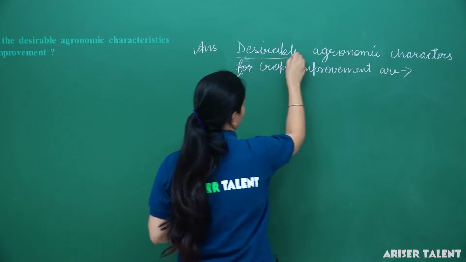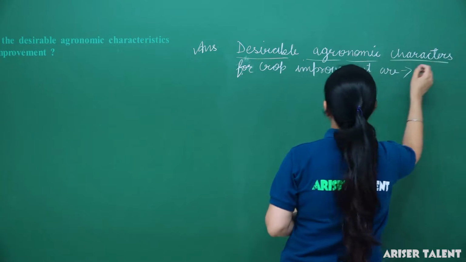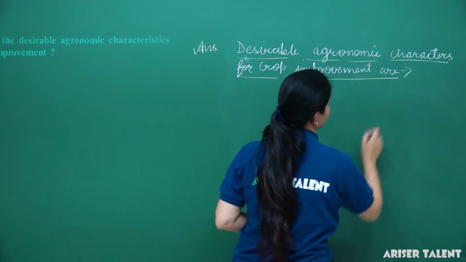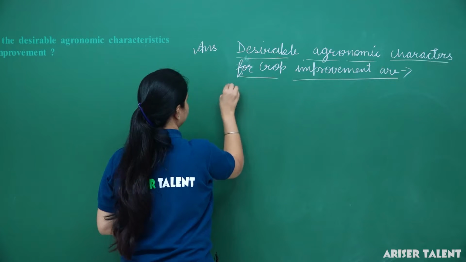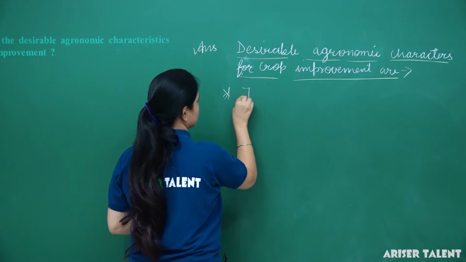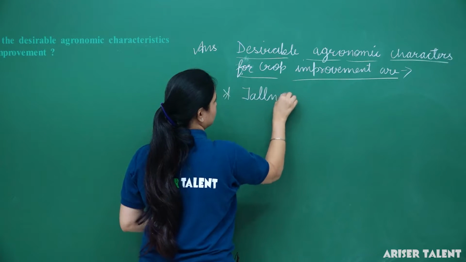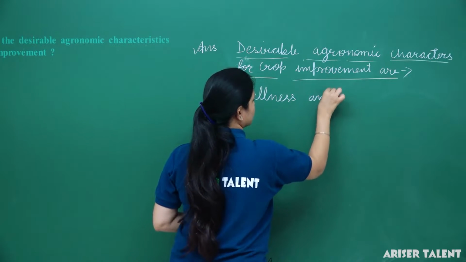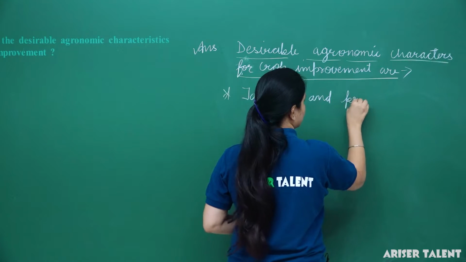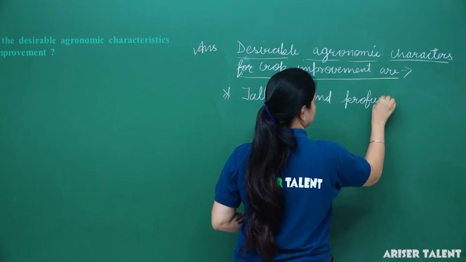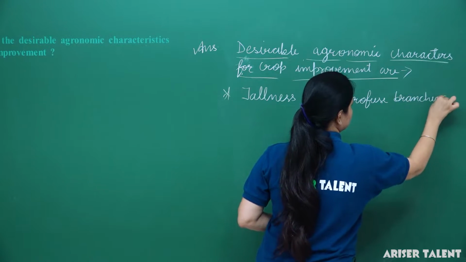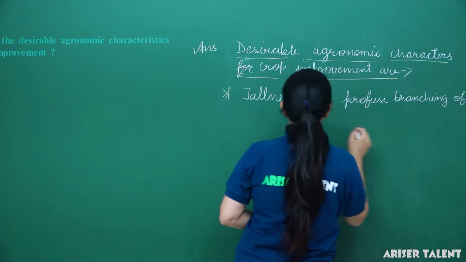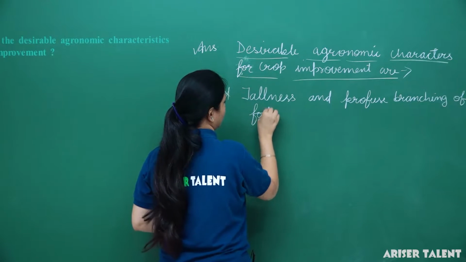First of all, tallness and profuse branching of fodder crops.